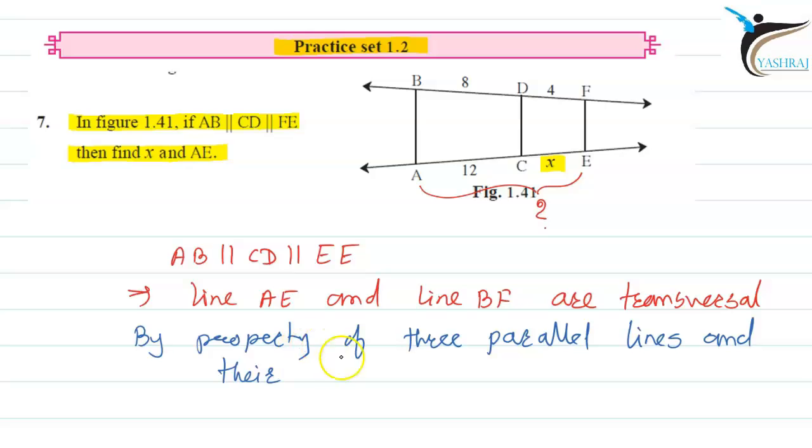What does this property tell us? Whatever be the intercepts made on the transversals, they are in equal proportion.